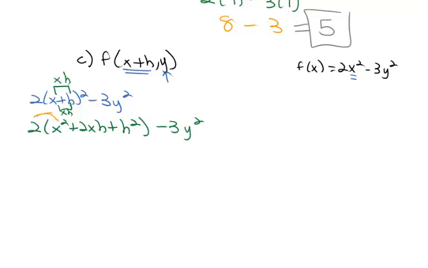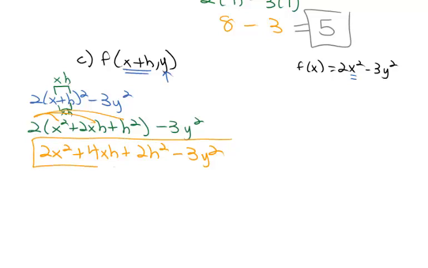And now we can distribute through the parentheses: 2x squared plus 4xh plus 2h squared minus 3y squared. And we have our solution. No like terms to combine. We're kind of stuck with this guy.